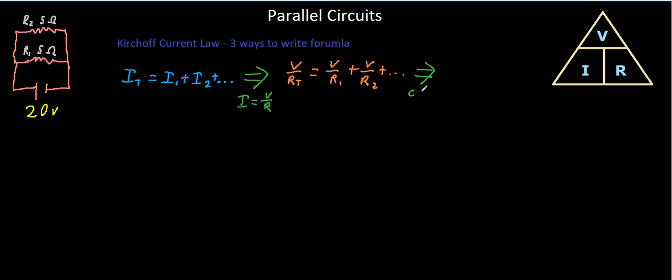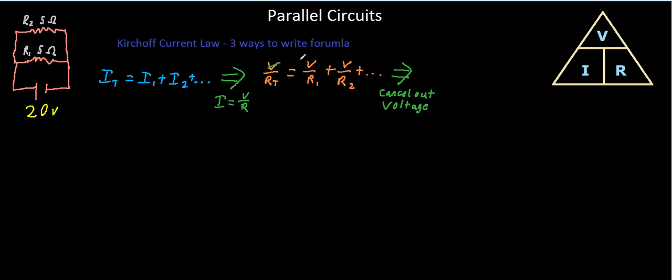And then let's cancel out our voltage. So cancel out voltage. And then if we cross out voltage on each individual one, all we're left with on top is essentially 1, because 1 times voltage is voltage. So we're left with 1 on top, and then resistance total on bottom.